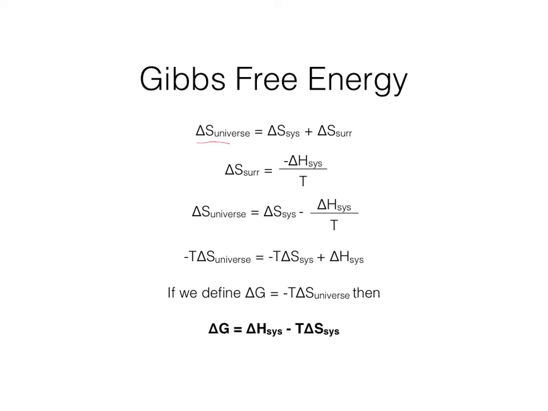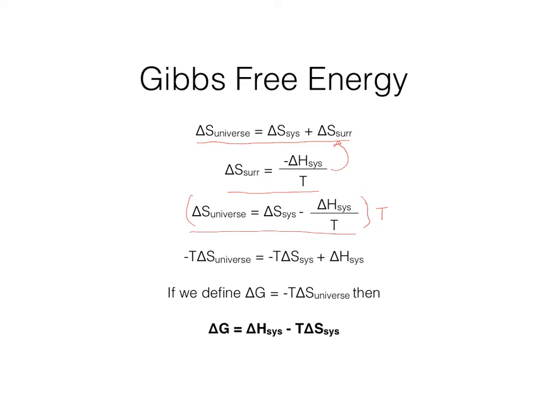So if we start with our trusty delta S of the universe is equal to delta S of the system plus delta S of the surroundings, and then we know that delta S of the surroundings is equal to negative delta H of the system divided by temperature, we can plug this in, and that gives us this relationship. And then to get rid of this fraction, we multiply the entire equation by temperature.